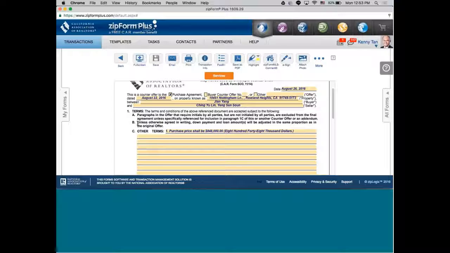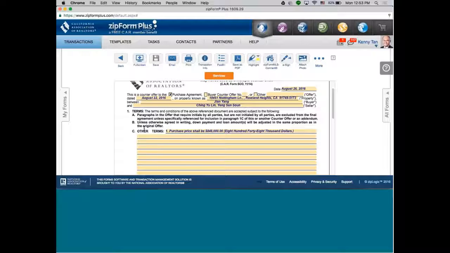B says, unless otherwise agreed in writing, down payment and loan payment will be adjusted in the same proportion as in the original offer. This is put in there for the simple reason that, for example, the guy comes in at $830,000 and I want to raise the price to $860,000.